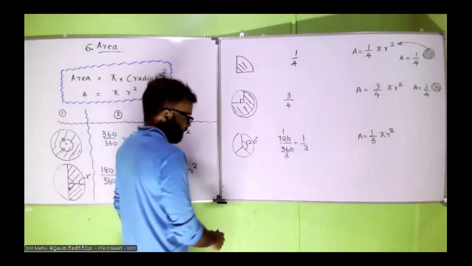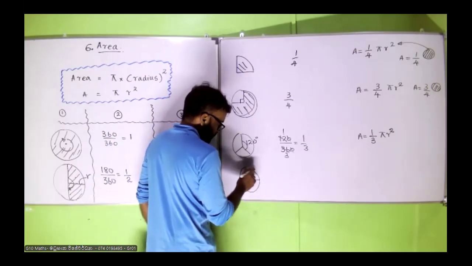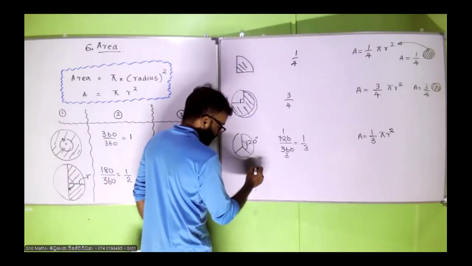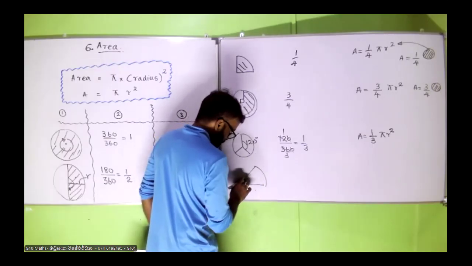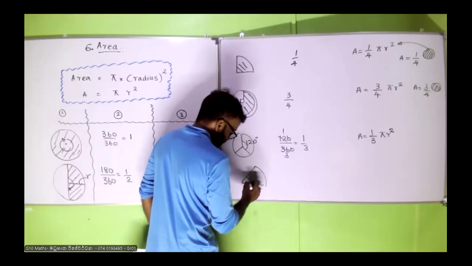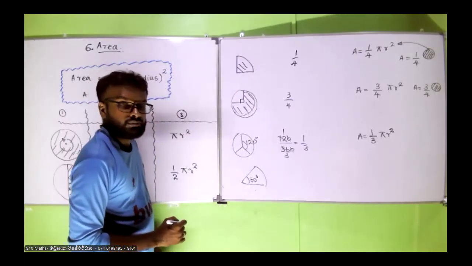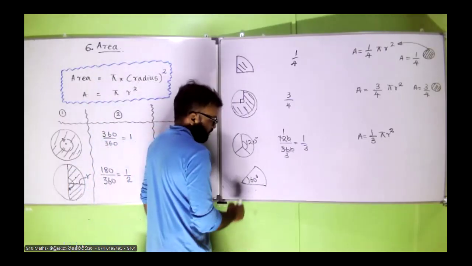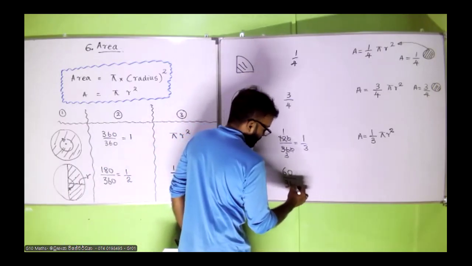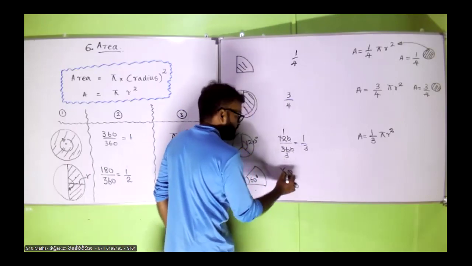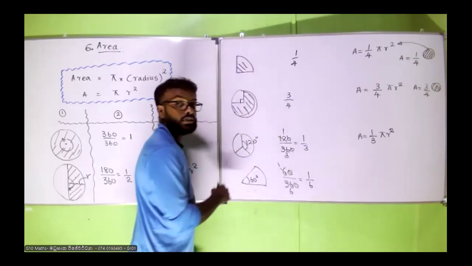Then 60, right? 60 divided by 360. I have done it earlier. Cancel 0 with 0, 6 times 1, 6 times 6, so the portion is 1 upon 6 of the full circle.